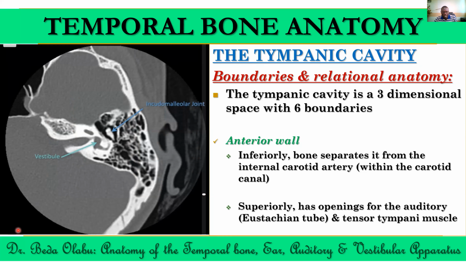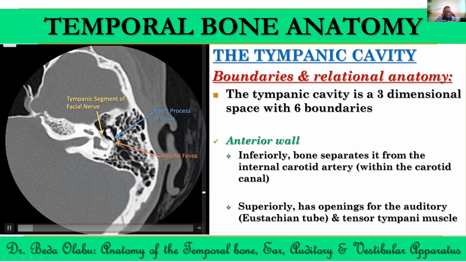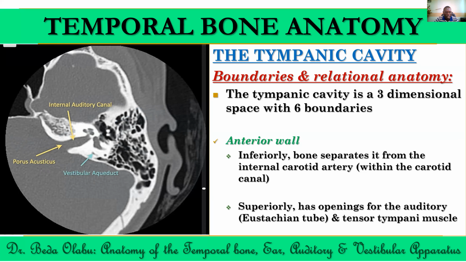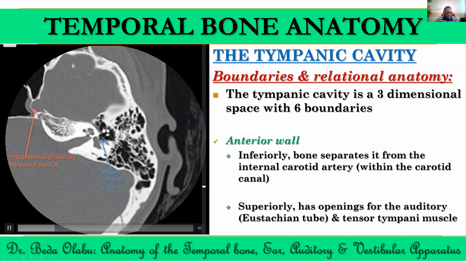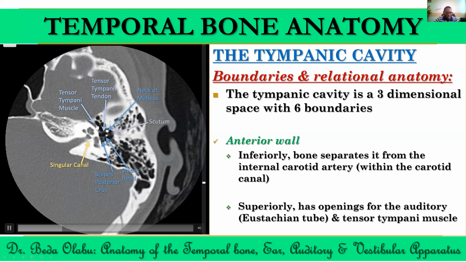Okay, so we'll use this image to learn the structures in the anterior wall of the middle ear cavity. In particular, we just want to see the openings. So we're starting to see that's the tensor tympani muscle and its opening there.